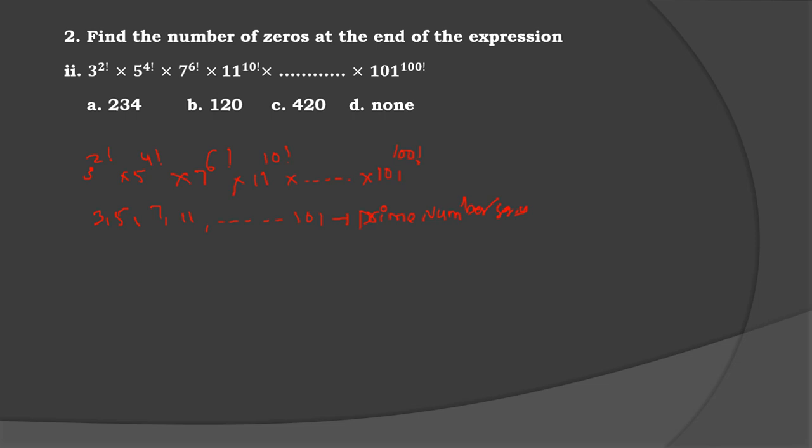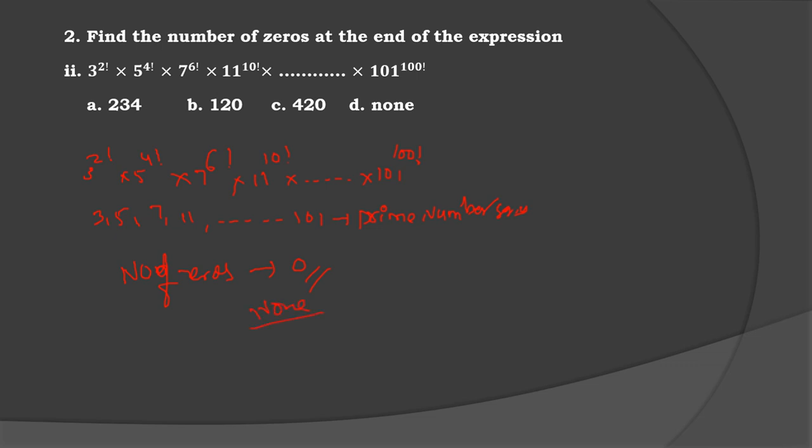For this entire expression we find 5 multiples, but we don't find any 2 multiples. So the number of zeros at the end of this expression equals 0. The answer is none.